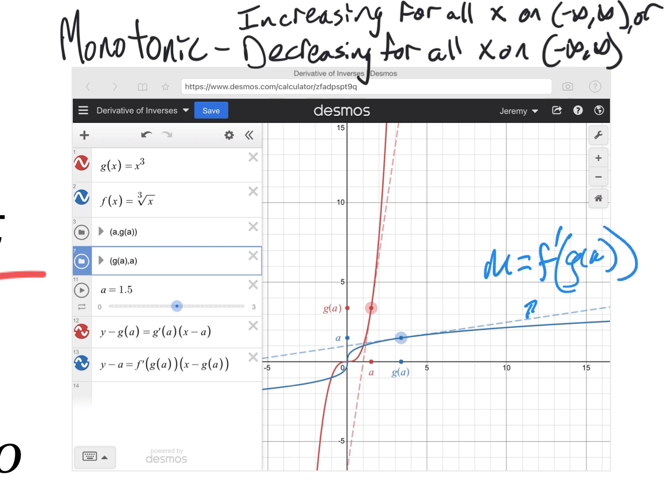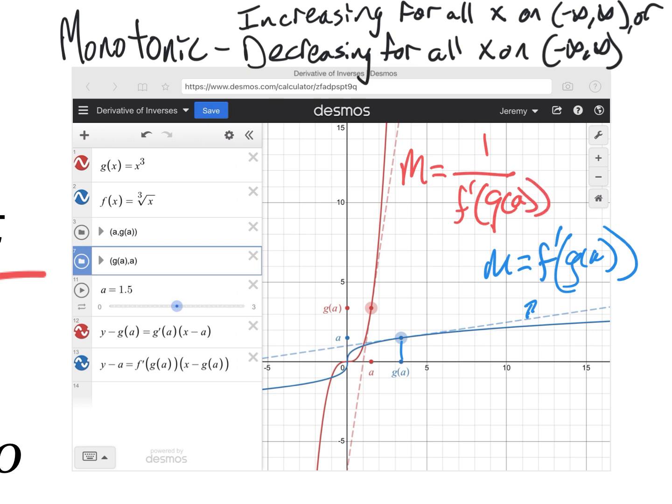Again, g of a is the x-coordinate because this is flipped from g. So this is f prime at g of a. Well, if that's the case, then the red slope is going to be 1 over the derivative of f at g of a.